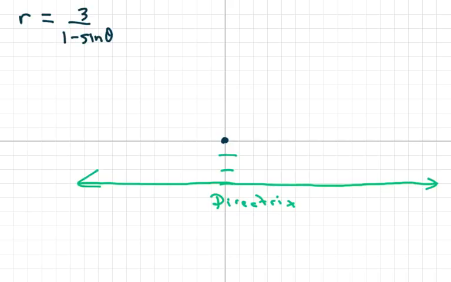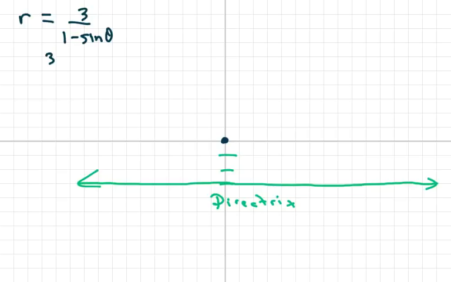So we know this opens up, and we know that this is the focus here. To find the vertex, I'm going to plug in 3 pi over 2, because that's below the pole. So sine of 3 pi over 2 is negative 1.